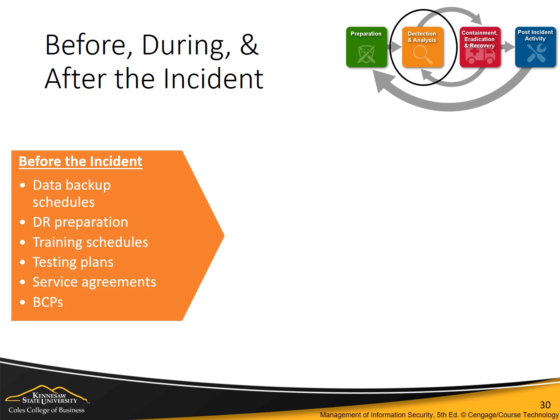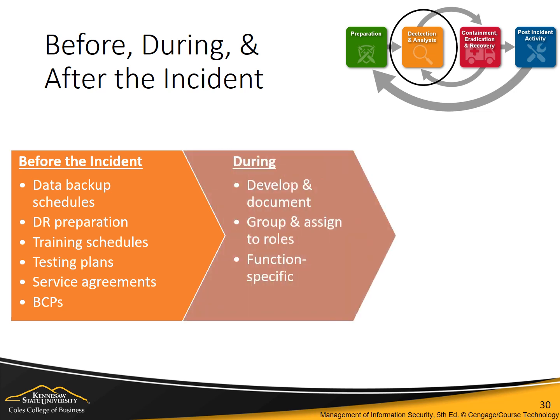These procedures include detail of data backup schedules, disaster recovery preparation, training schedules, testing plans, copies of service agreements, and business continuity plans. Planners develop and document the procedures that must be performed during the incident as well. These procedures are grouped and assigned to various roles. For this stage, the planning committee drafts a set of function-specific procedures.